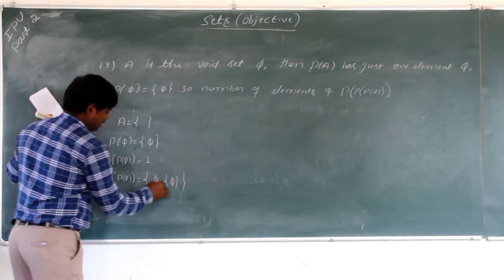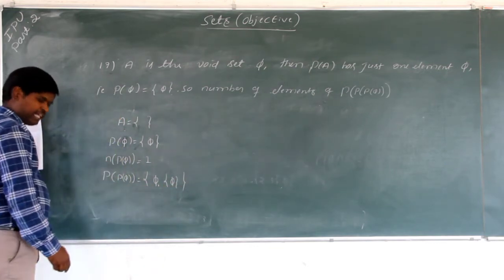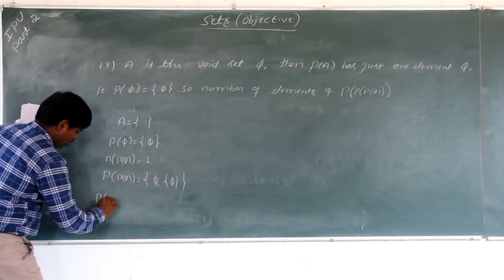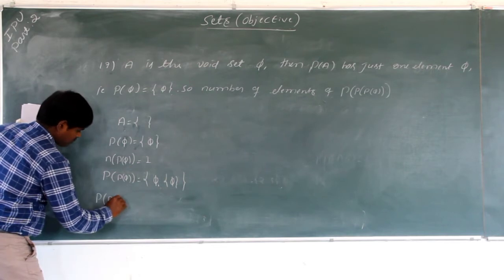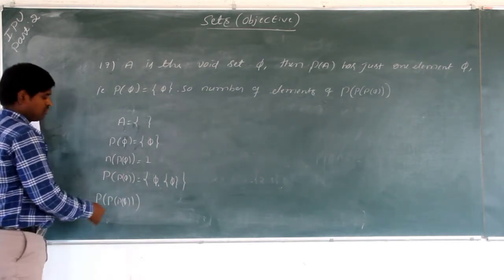Is it clear? So this is P of A. Again we need to get P of the null set, so P of phi.